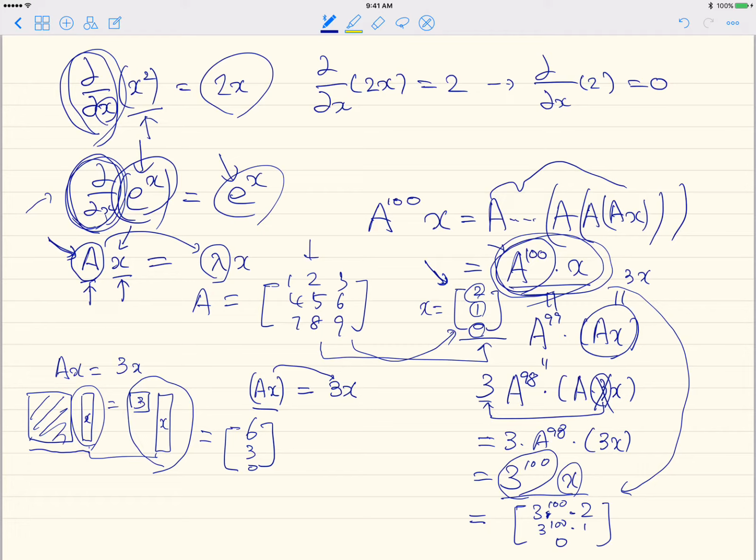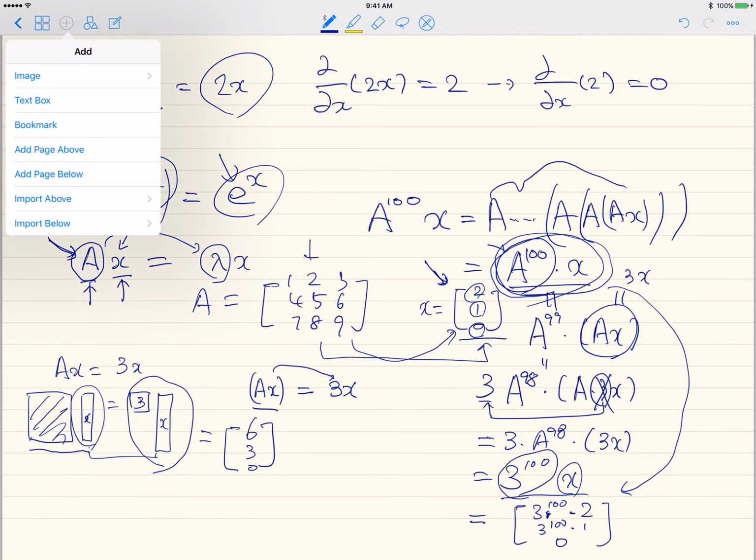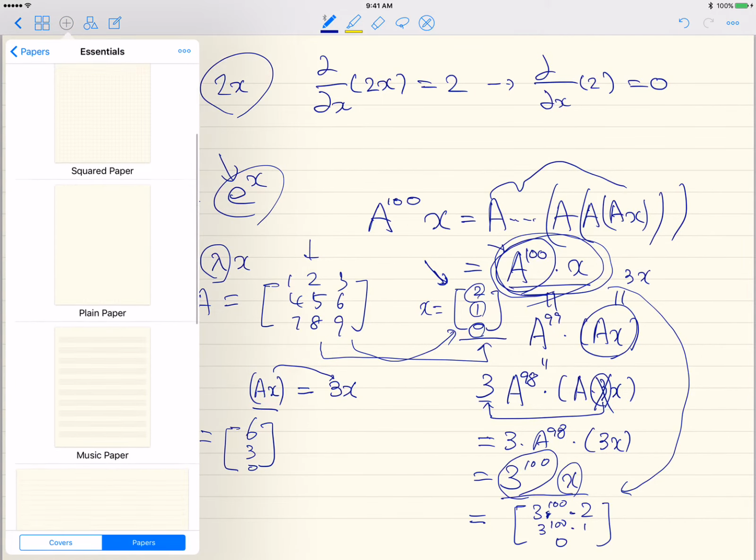Okay, so here the point is, given a matrix A, our task is to find our special vector x and the corresponding lambda, right?